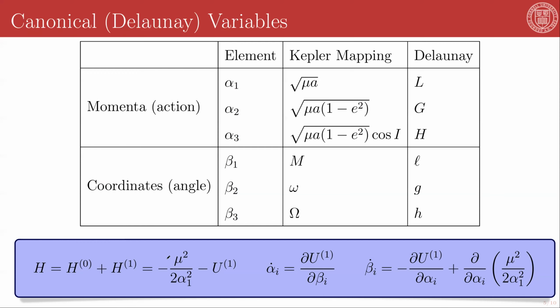But now we can add in this H1, and that means that alpha dot I is equal to the partial of just the perturbing potential with respect to the generalized coordinate beta I. And the time derivative of the generalized coordinate beta sub I is equal to negative the partial of the perturbing potential with respect to alpha sub I plus the partial in alpha I of mu squared over 2 alpha 1 squared.